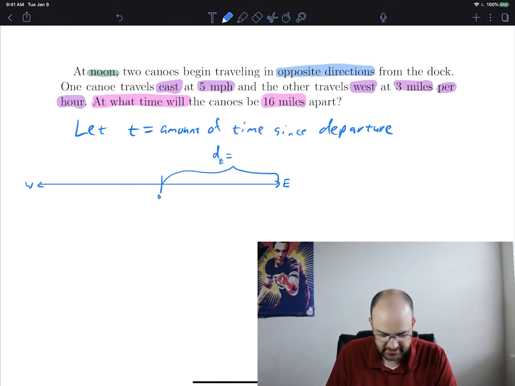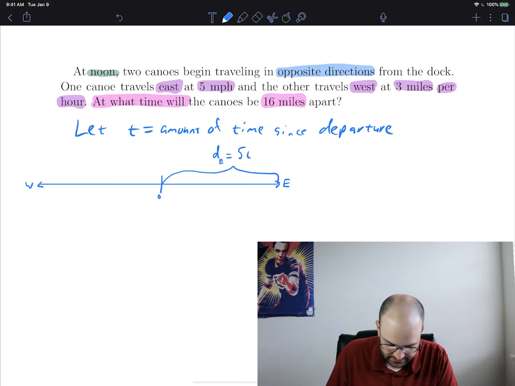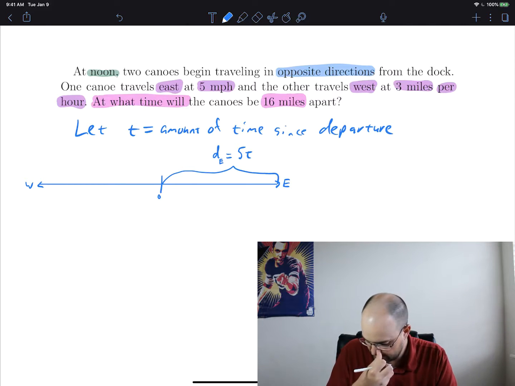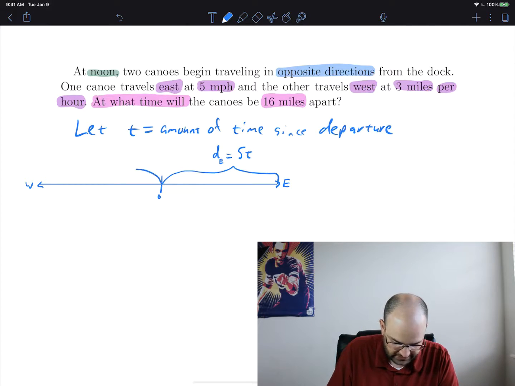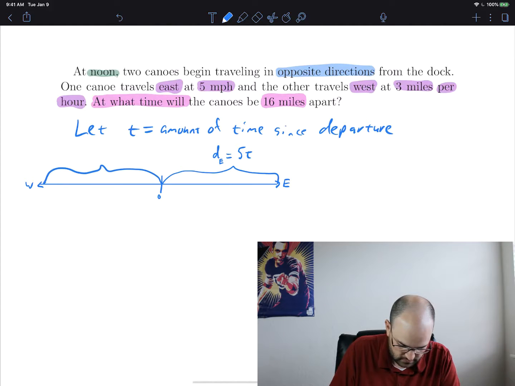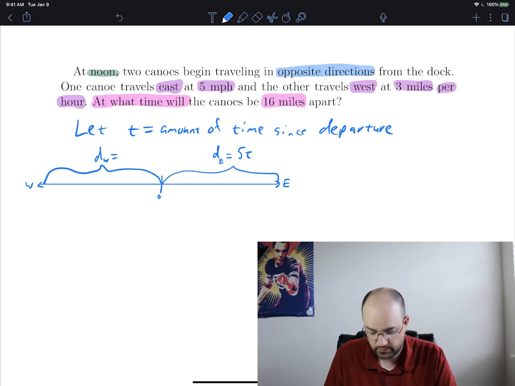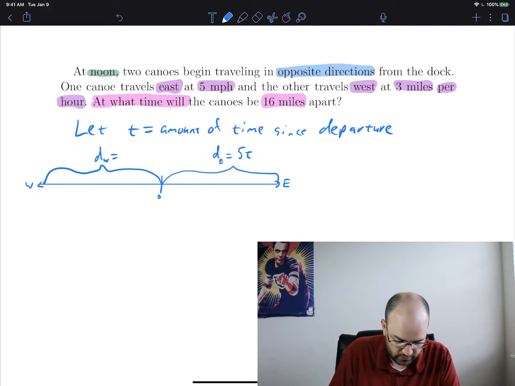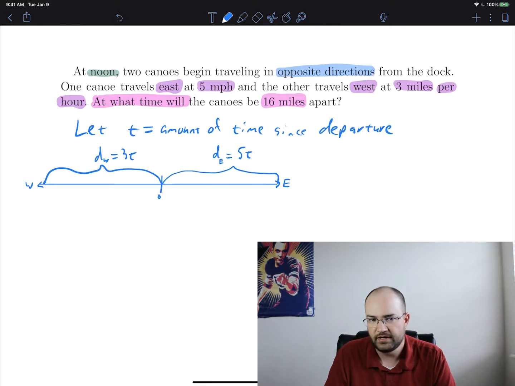So the distance east is blah. Well, distance equals rate times time. The rate is 5 miles per hour times the time of t. And the distance going west, well, the rate going west was 3 miles per hour, and it's actually the same amount of time.